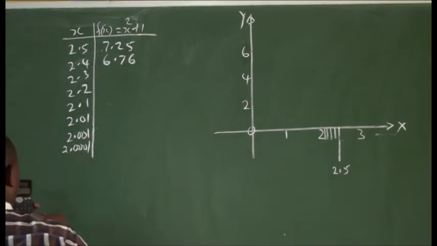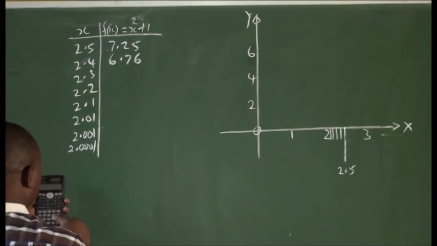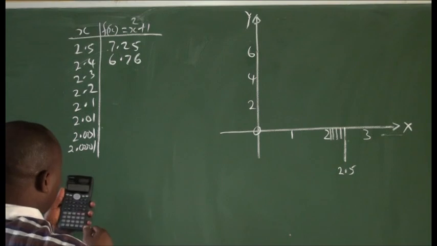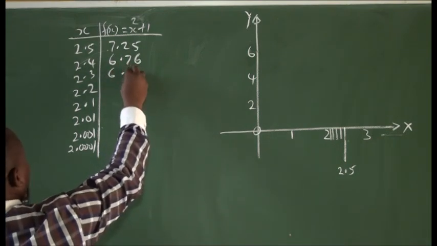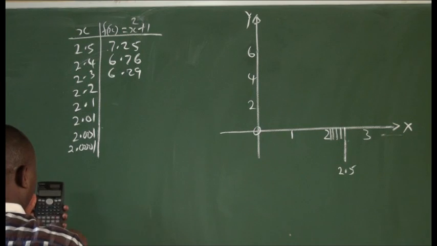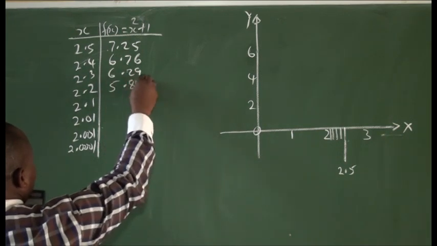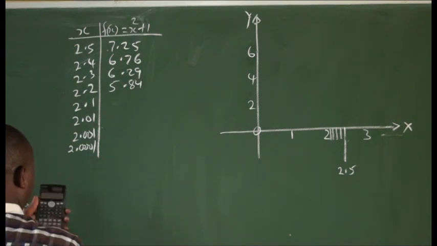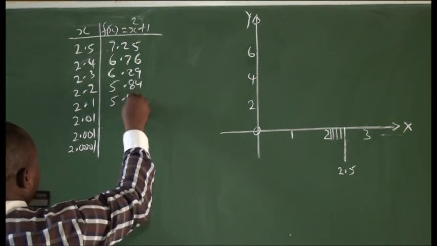6.76. Now, at 2.3 square plus 1, we have 6.29. Then 2.2 square plus 1 will give us 5.84. 2.1 square plus 1 will give us 5.41.